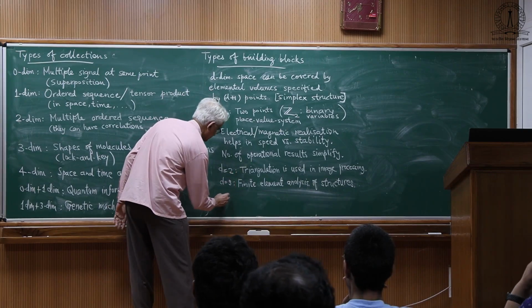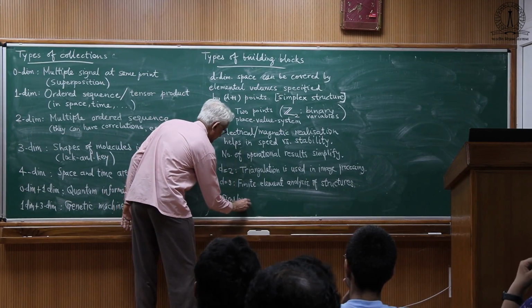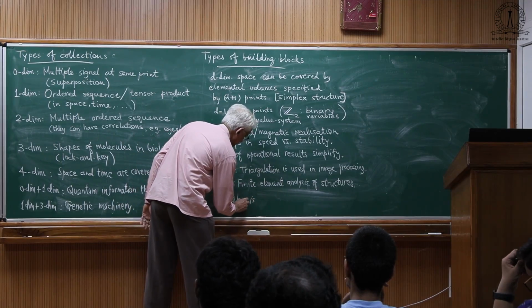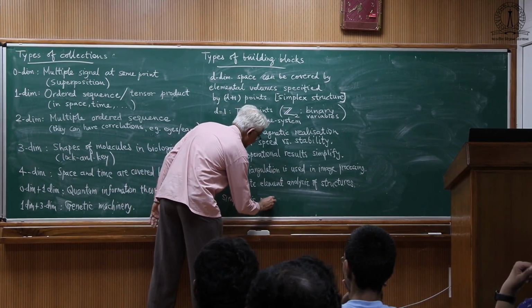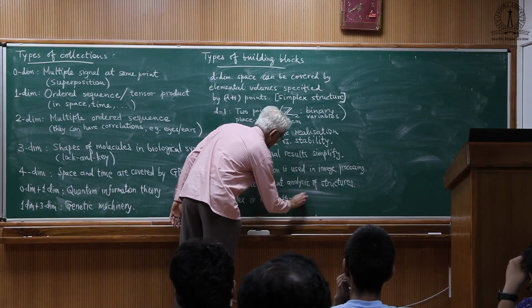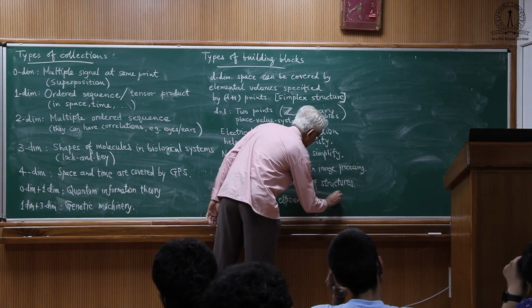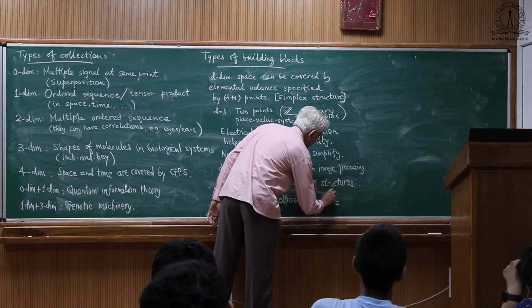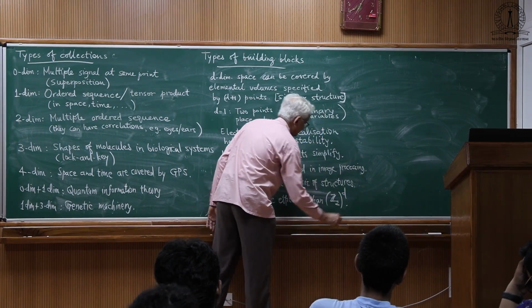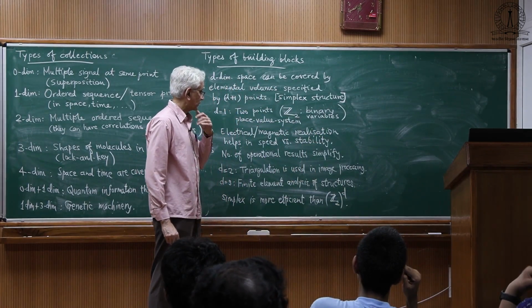But one can easily see the difference: this kind of representation will require algebra that covers the structure Z2 to the power d, one Z2 for each coordinate.